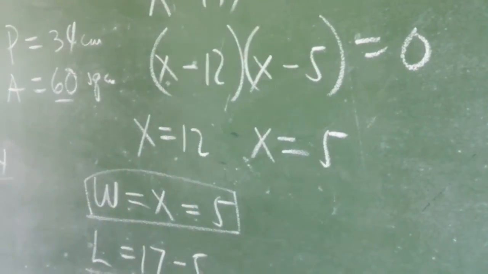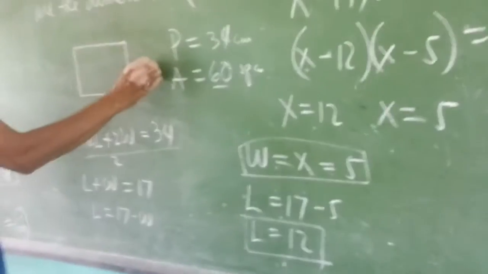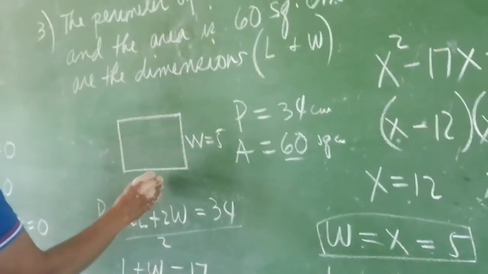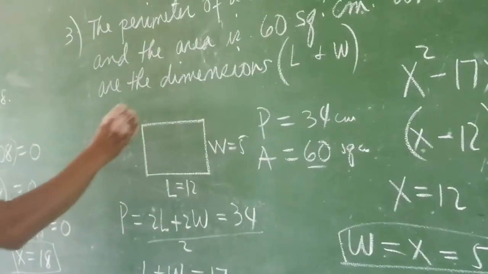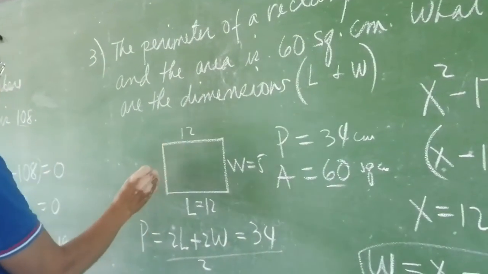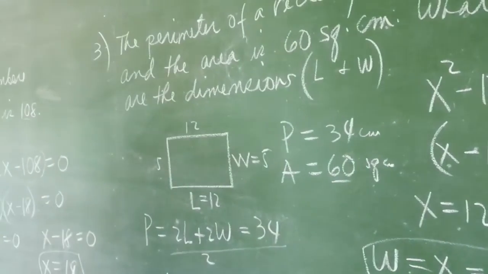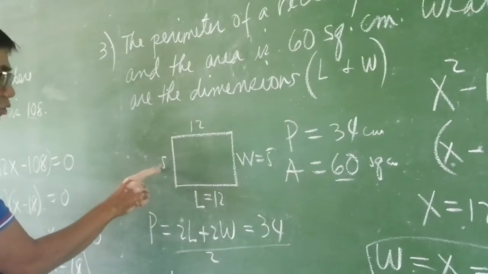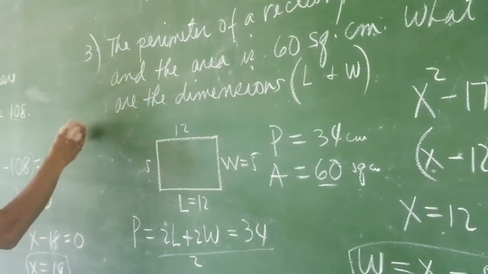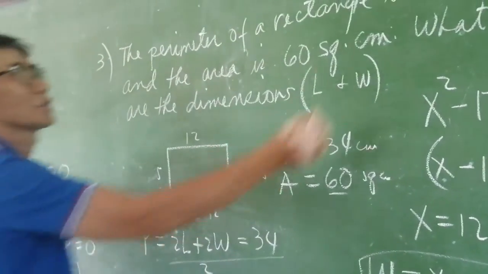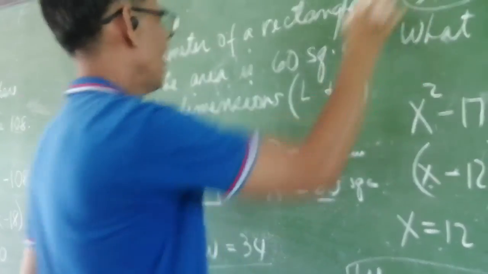Okay, let's just check. Supposing the width is 5 and the length is 12. So simply this is also 12 and this is also 5. Let's just check the perimeter. So 5 plus 5 is 10, 12 plus 12 is 24, so 24 plus 10 is 34 centimeter.